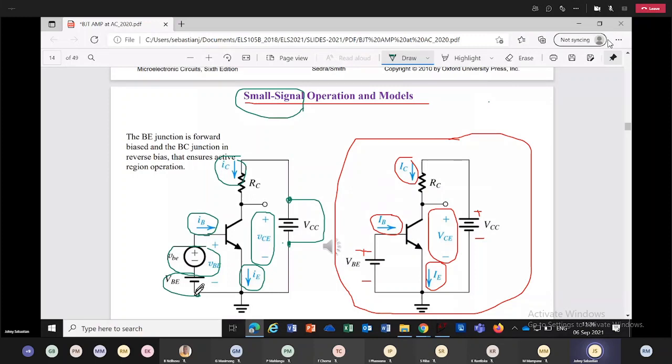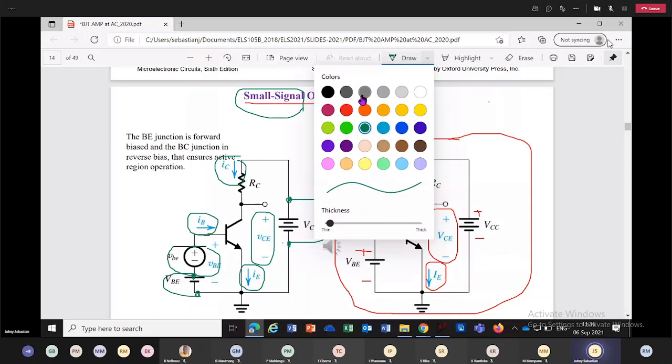All the DC batteries are short circuited. Remember, this is a concept level thing. Okay, what can happen now?